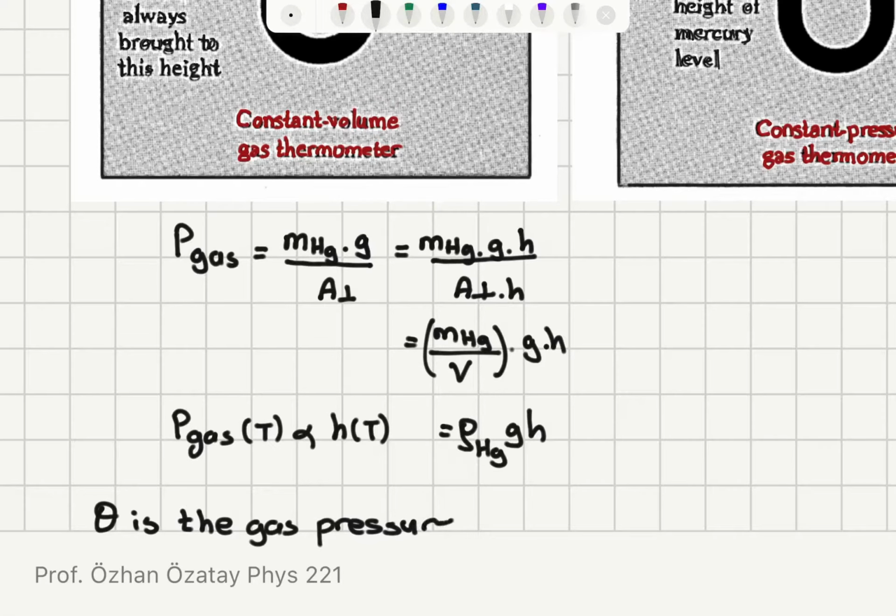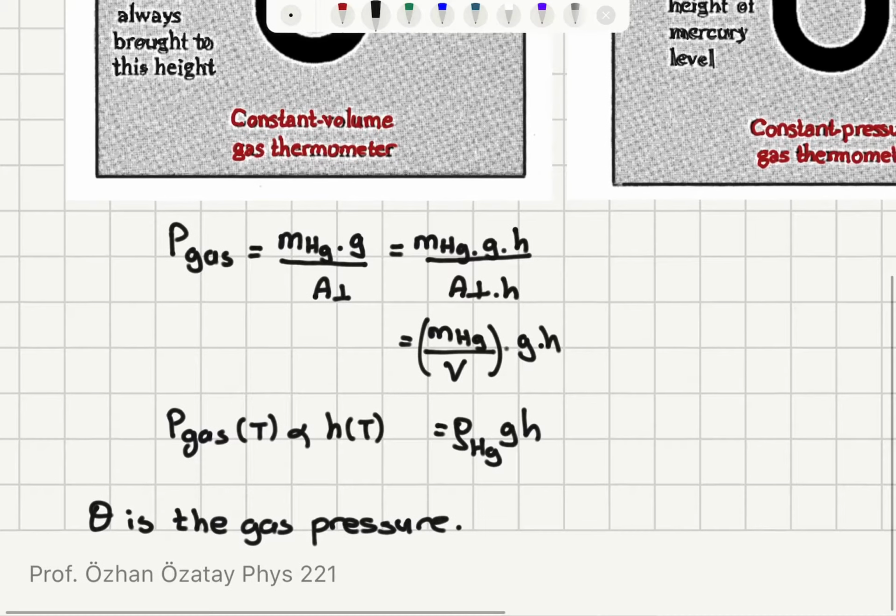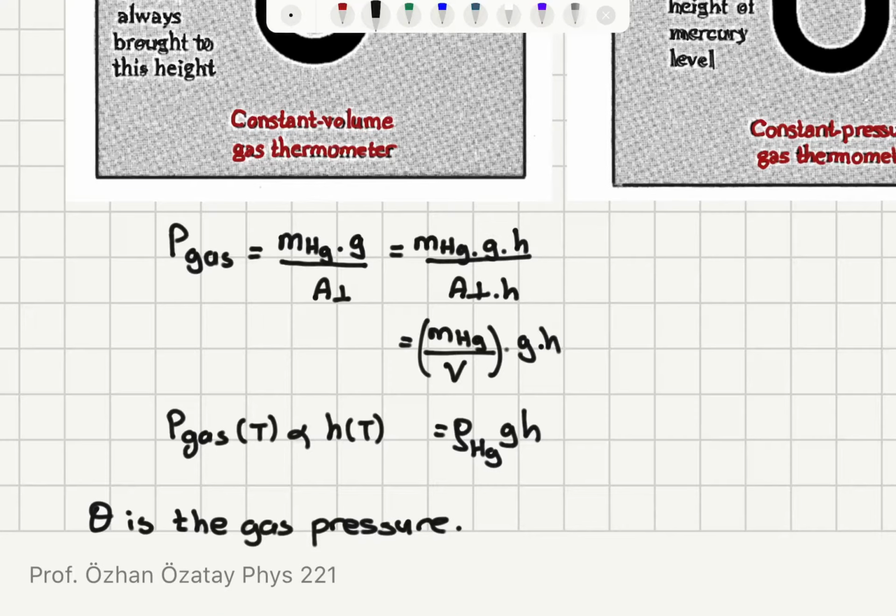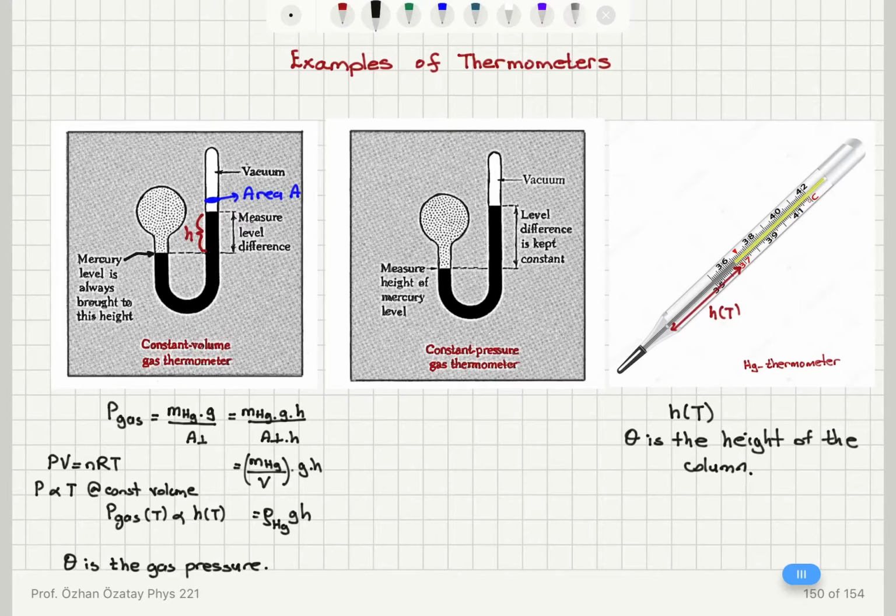Why does the gas pressure change with temperature? Because we have the ideal gas law, PV is equal to nRT. If you have a constant volume, P is proportional to temperature at constant volume and constant number of moles of gas. So basically we can use the ideal gas law to see the temperature dependence. So it should be a linear dependence on temperature.